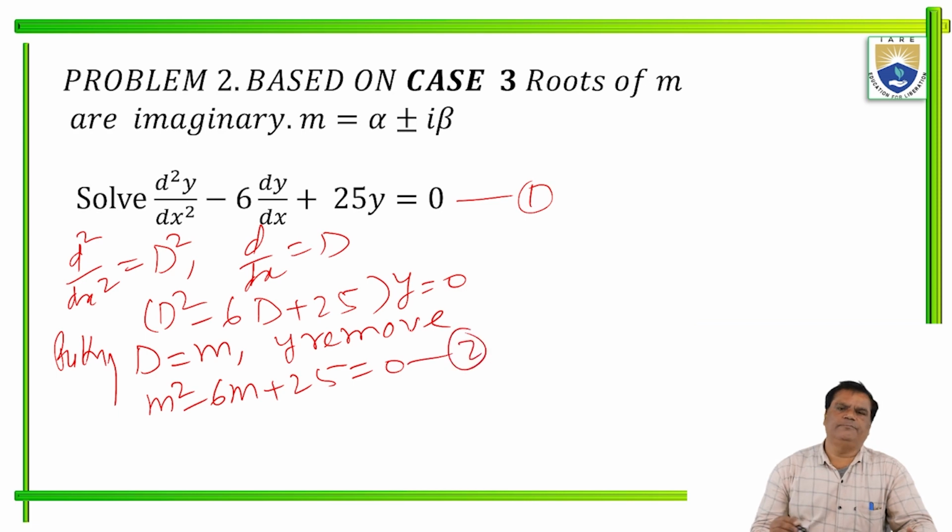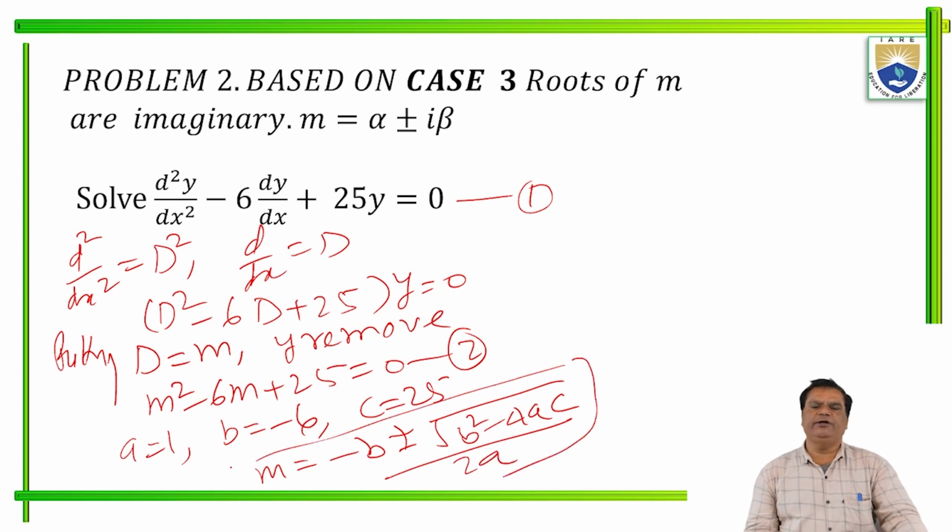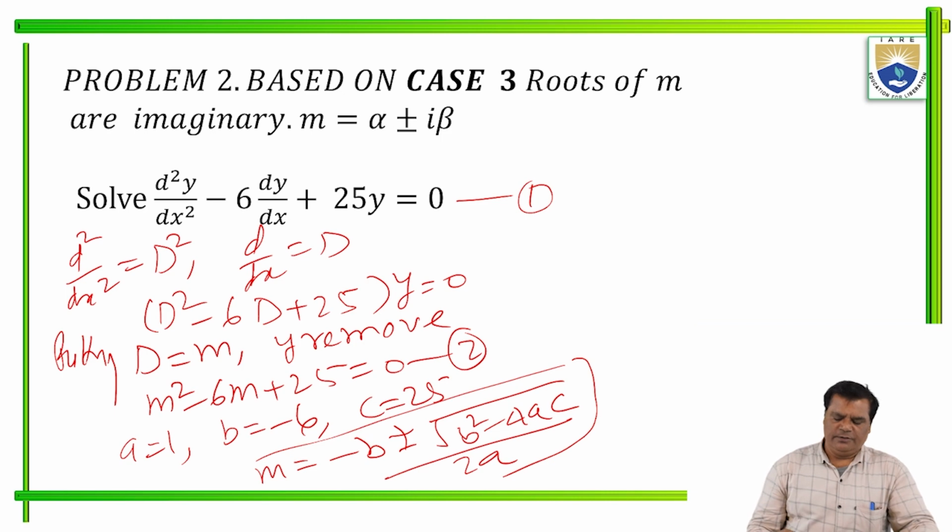This is equation 2. Solving this equation by Sridharacharya: comparing here, a is 1, b is −6 and c is 25. So I am writing the formula m = (−b ± √(b² − 4ac)) / 2a. This is the Sridharacharya formula; to solve any quadratic equation we can use it.